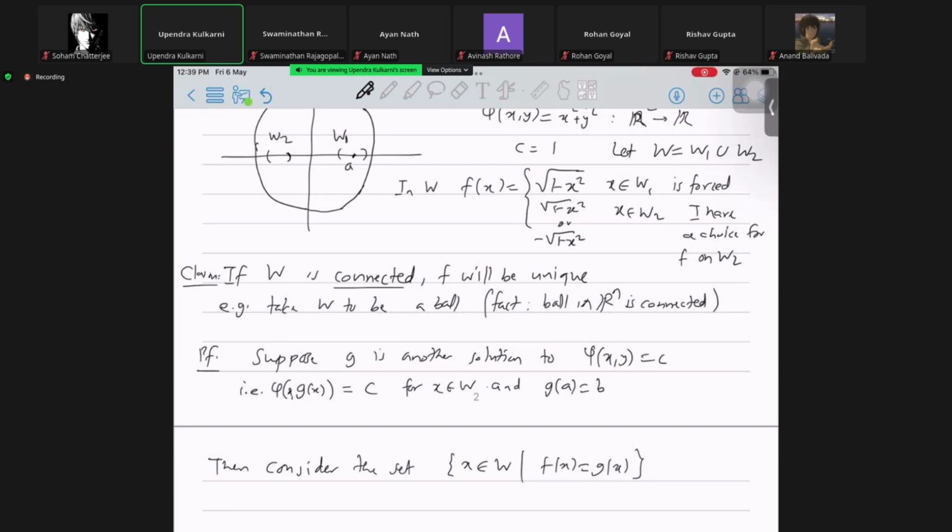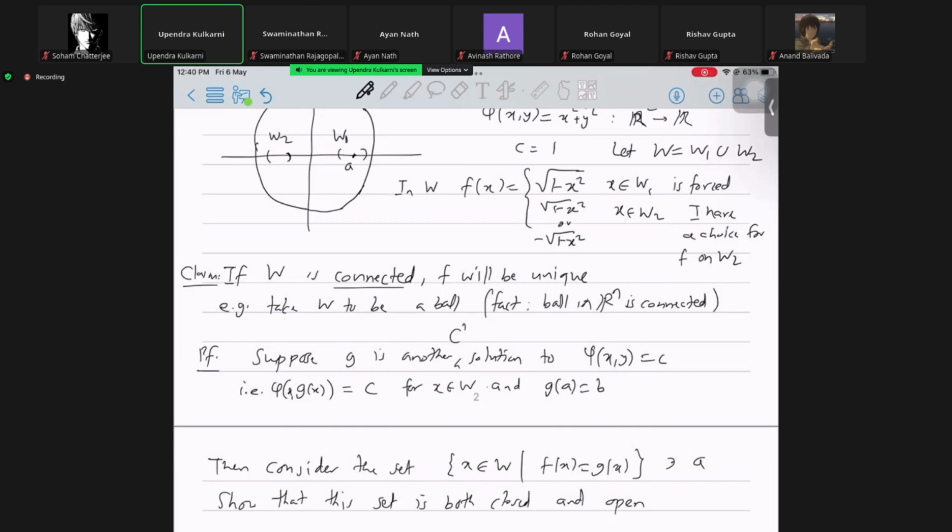And because it is non-empty and W is supposed to be connected, it will have to be all of W. It's a standard way of doing this. So this contains A. Show that this set is both closed and open.